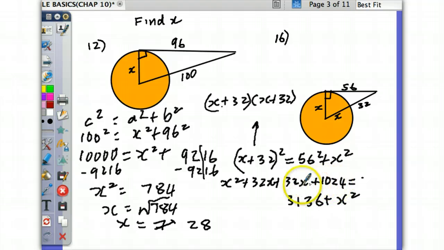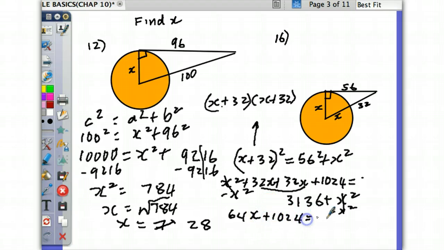Since you've got x squared on the left and you got x squared on the right, you can actually subtract x squared from both sides. That way you can solve it easier. So that would be gone from the left side, that would be gone from the right side, and we have to put these together. This becomes 64x plus 1024 equals 3136. We're going to subtract the 1024 from both sides.